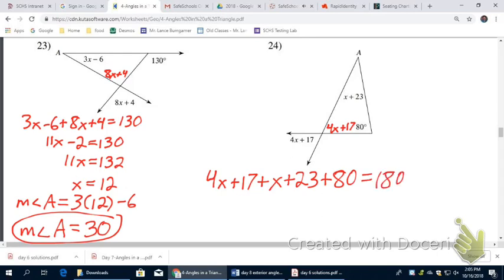Now you just have to solve this equation for x by combining like terms. I will include that step. That was combining 4x with x to make 5x, and 17 plus 23 plus 80 made 120. Solve that for x, and then plug it back in for angle A to know its value.